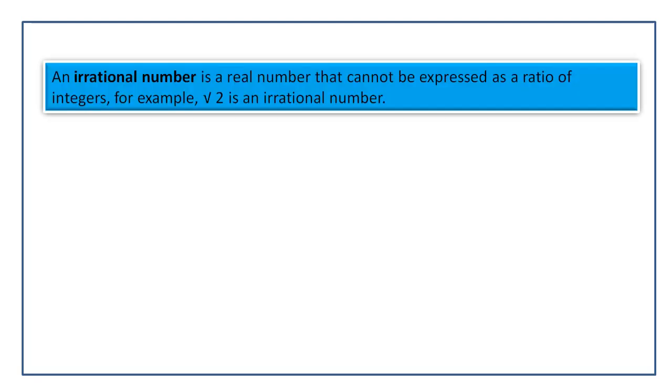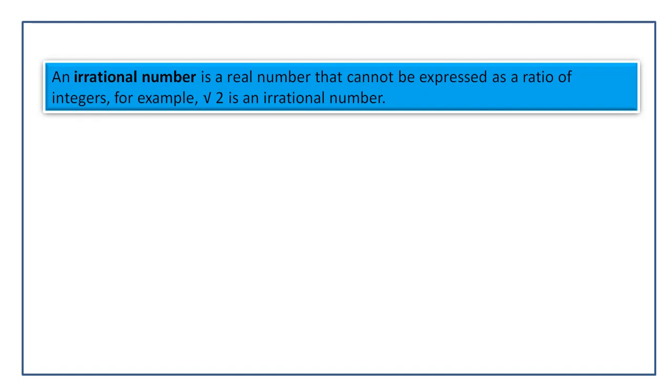Now you have an idea about a rational number and an irrational number. An irrational number is a real number that cannot be expressed as the ratio of integers. That is, it cannot be expressed in the form of p by q.